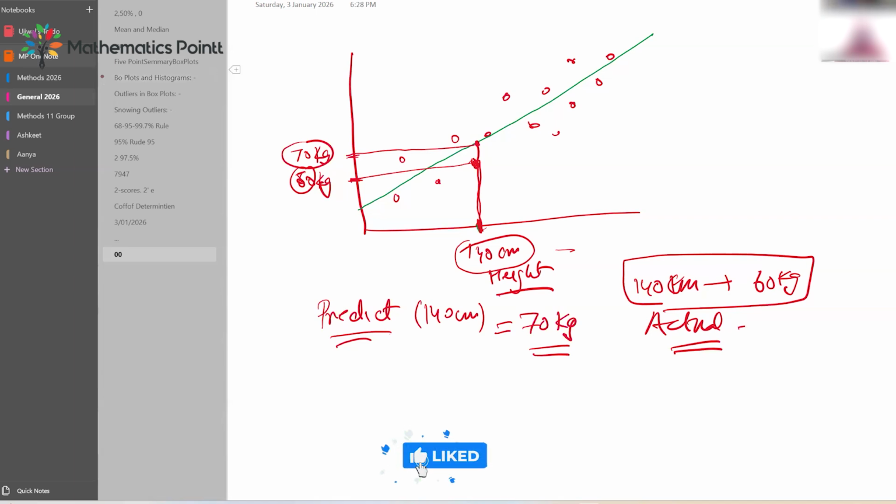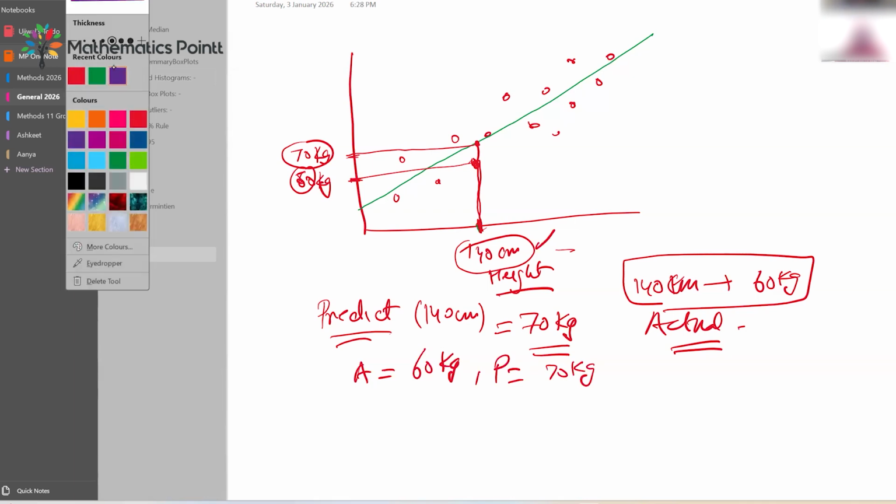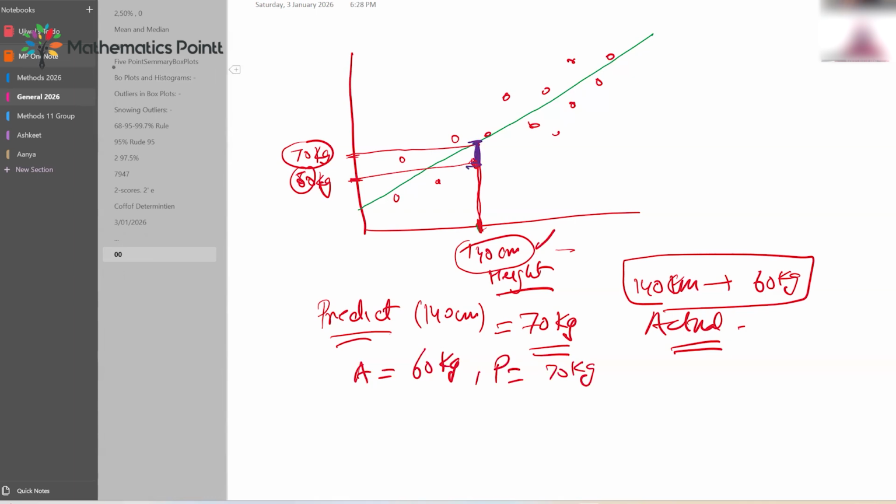So the actual value is 60 kilograms, whereas my predicted value for the same value of my X component or my explanatory variable is 70 kilograms. And now I see there is a difference. That is the difference. This difference is called the residual or the residual value.